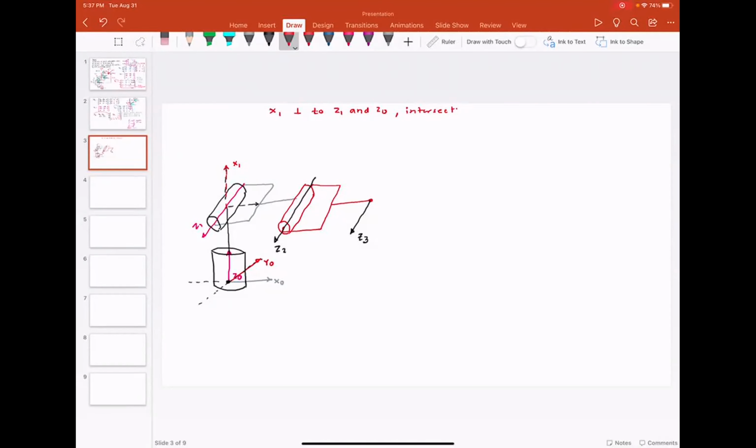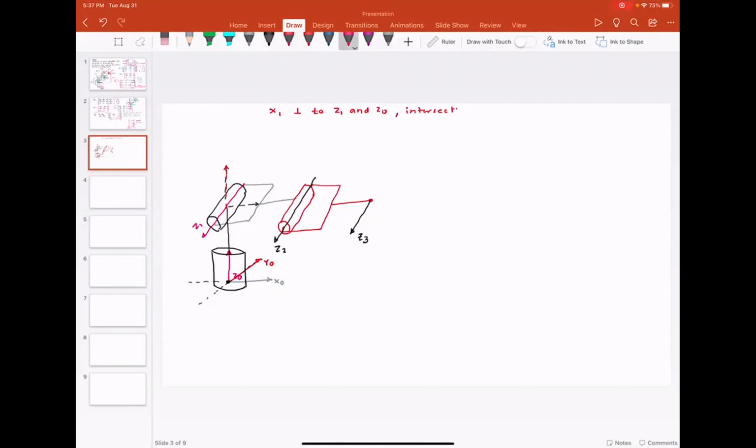Do you agree with me? So do not make this mistake. Otherwise, your forward kinematics, inverse kinematics, forward dynamics, inverse dynamics, everything will be wrong. And we will use the exact same rule for DH parameters, so you don't have to remember 2 sets of rules. These are the rules.